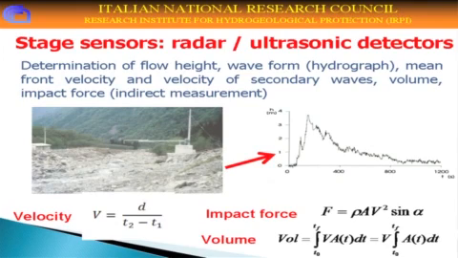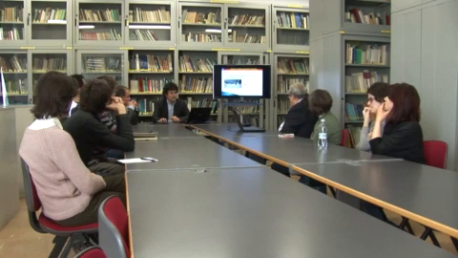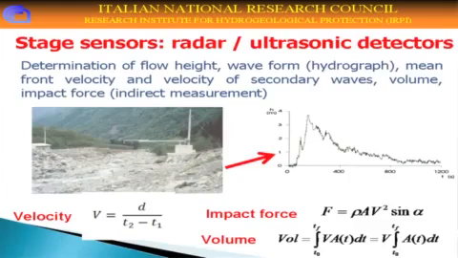Knowing the distance between the two stations and the time elapsed between the appearance of the front at the first and second sensor, you can estimate the velocity.